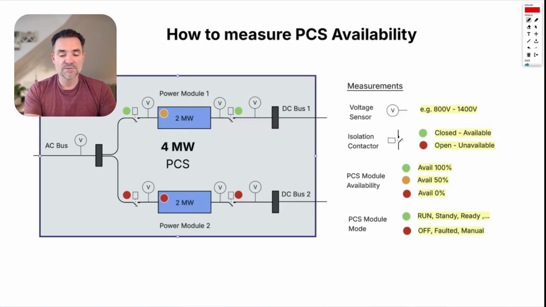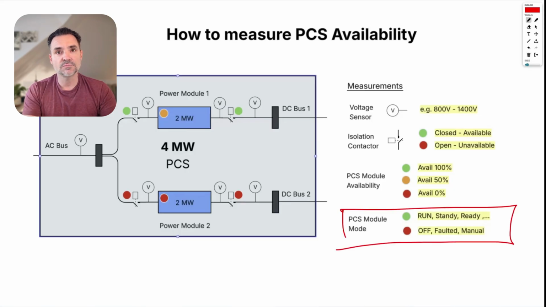So in general, for PCS, one of the most reliable ways to measure availability would be a status from the inverter. If the PCS modules are running, in standby, or ready, there could be different statuses depending on your PCS. You would have to determine which one represents available and which one represents not available.